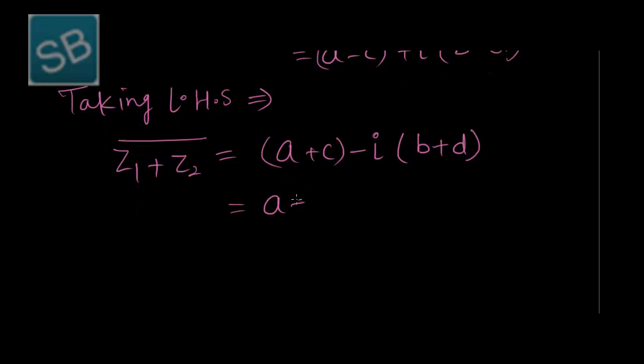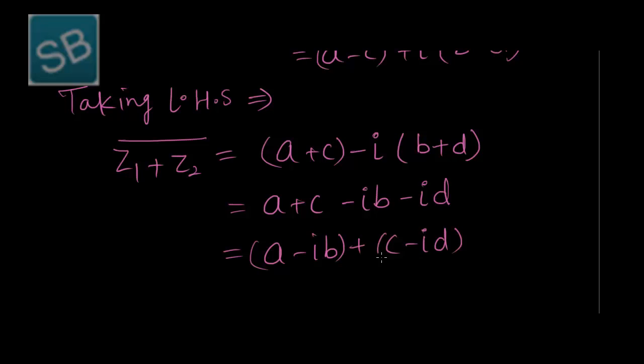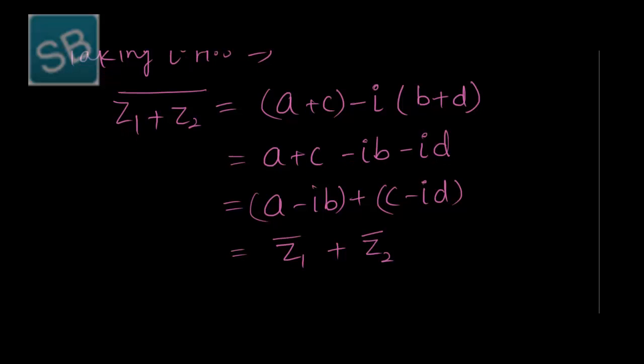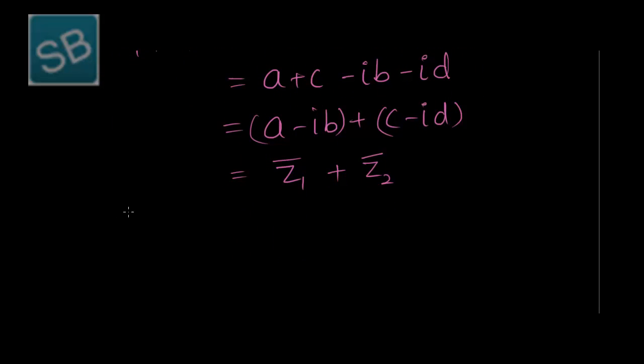It becomes a plus c minus iota b minus iota d. That gives a minus iota b plus c minus iota d. So we see that this is the conjugate of z1, so it is z1 bar, and this is the conjugate of z2, so that is z2 bar. So this relation under addition is proved.